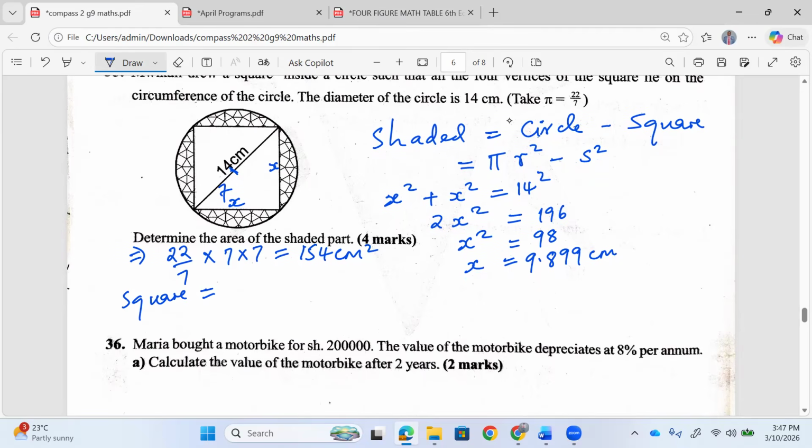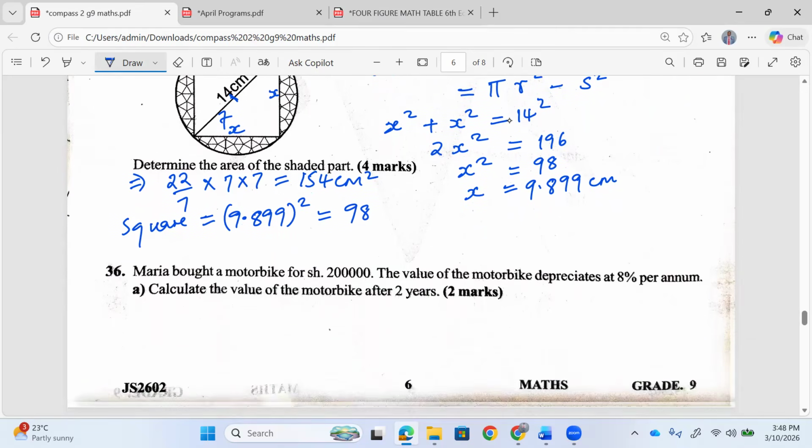For the square, we need 9.899 times itself, which means just squared. We get exactly 98. Remember, this is the square root of 98. So when we square it in the process of finding area, it should become 98. That is when you square the exact thing.